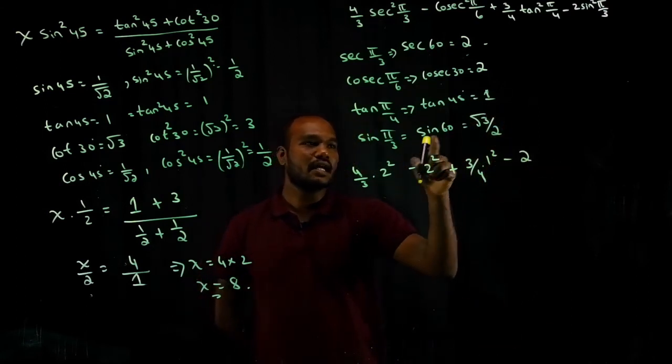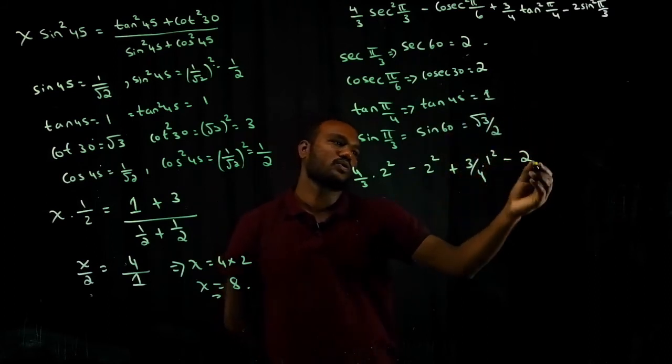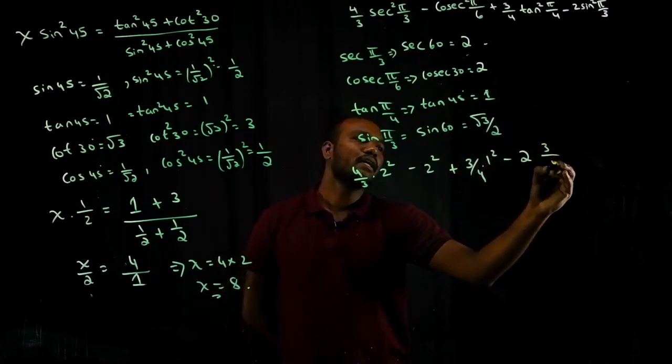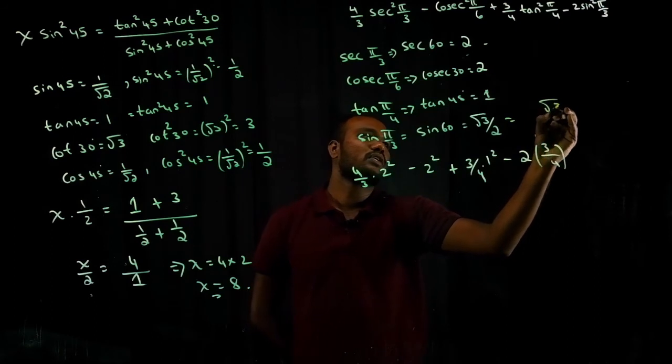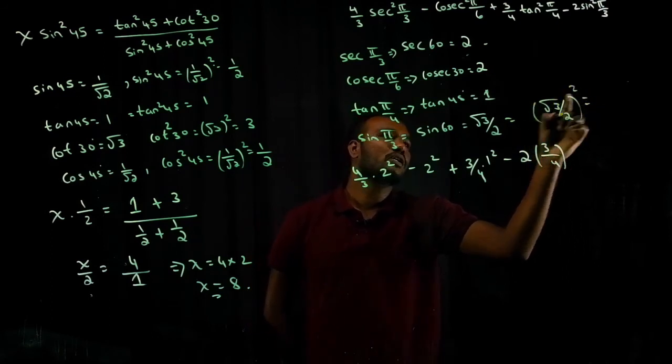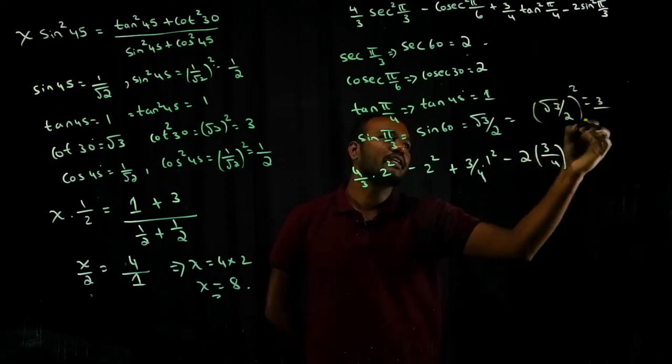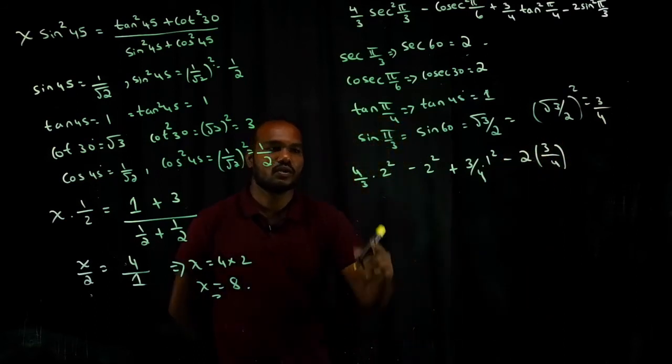Pi by 3 is 60, this is root 3 by 2 whole square. Root 3 square is 3, 2 square is 4, so that will become 3 by 4. So let's solve this.